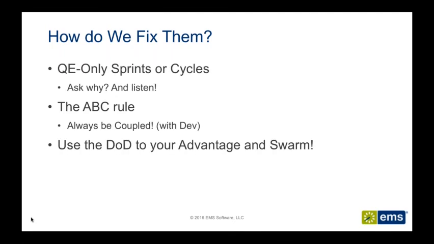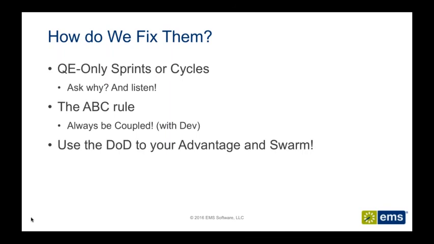All right, so we talk a little bit about QE only, or sprints or cycles, and again, I like the ABC rule, always be coupled. I use that example of really a flag for me is if there are 2 days that have gone by, and we can use this as an example on sprint day 3, we expect that the first stories from dev have come our way, that they're ready to be tested on sprint day 3.